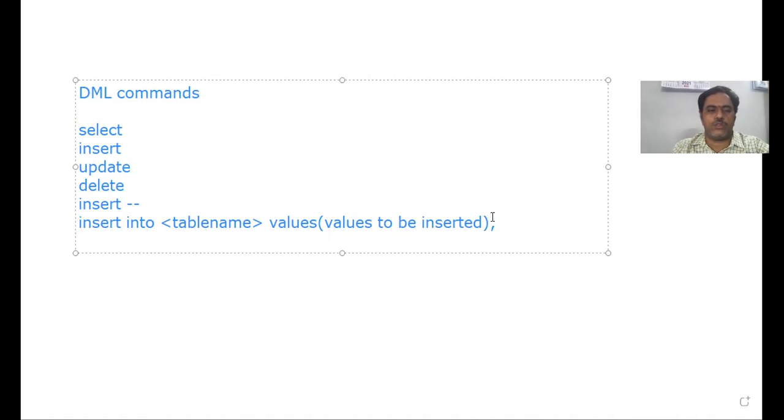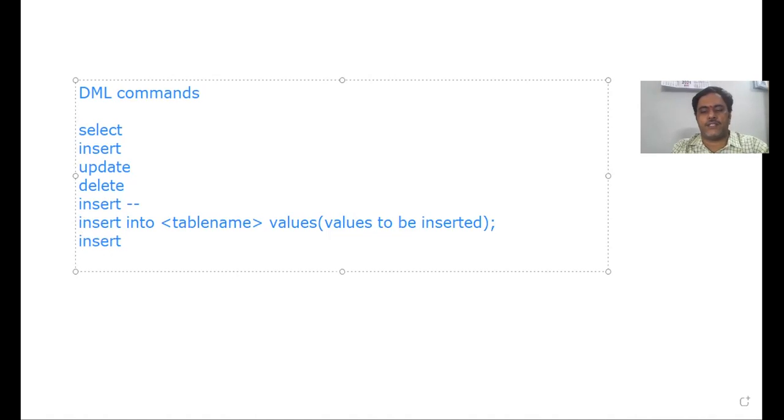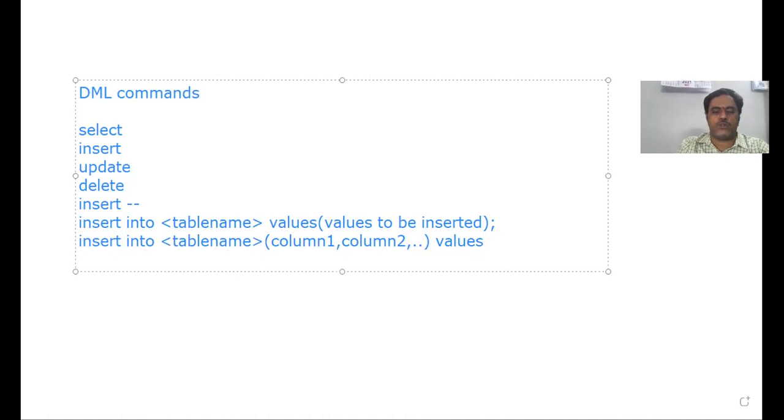If you want to insert only a few fields rather than inserting all the fields into the table, then you can use insert into table name, and you have to mention the column names here: column 1, column 2, etc. Values, and you have to specify those column values.